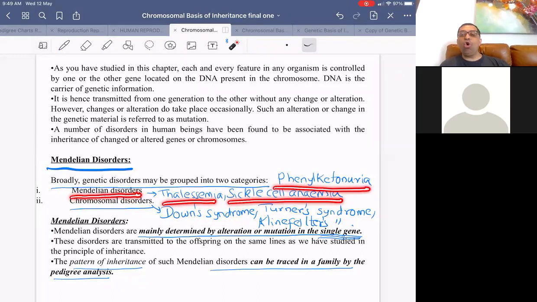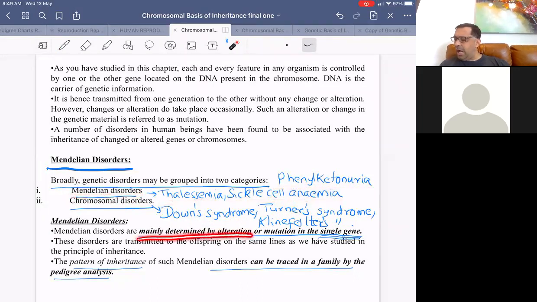phenylketonuria. These are called Mendelian disorders, and most Mendelian disorders are an alteration or mutation in a single gene, which are called, we remember, point mutations.